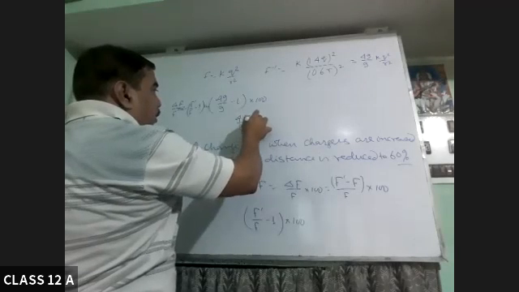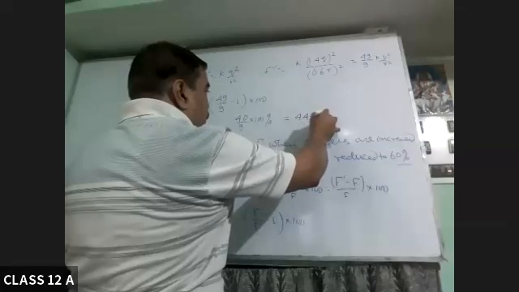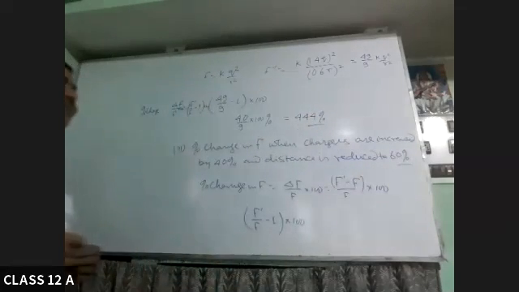So 40 by 9, this much percent. 444%. Or 4.4 also you can have, no problem.